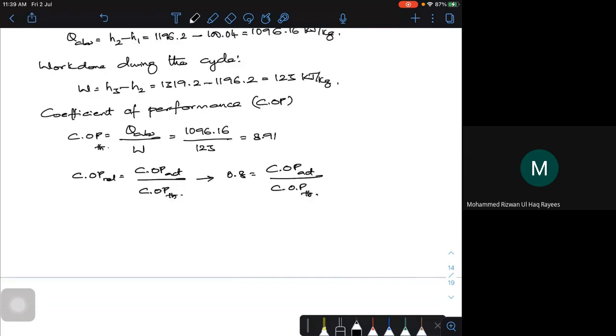So COP actual is equal to 0.8 into 8.91. If I do that, I am getting around 7.1. COP actual is 7.1, which is 80% of the theoretical COP.